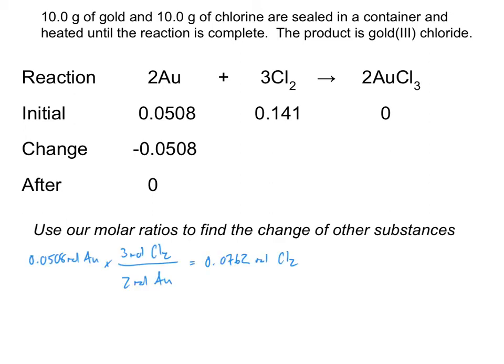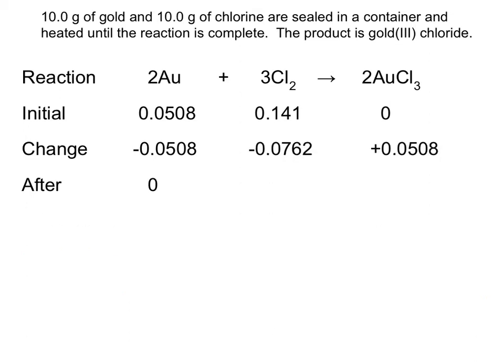And we find that Cl2 will change by 0.0762 moles. Note that this is a calculation that we've actually already done. And our AuCl3 will change by an amount of 0.0508 moles. And so we can fill those in.